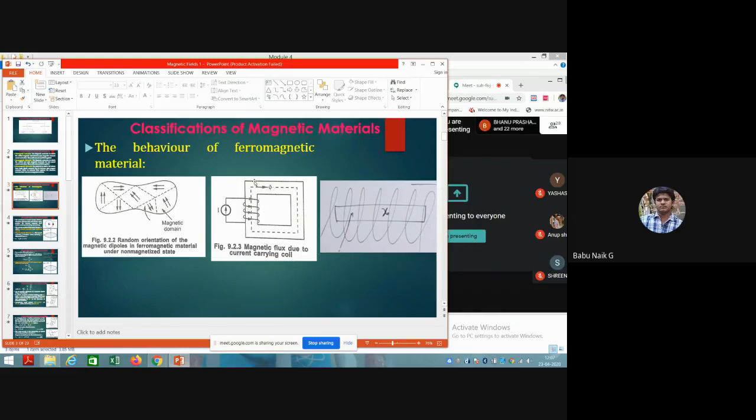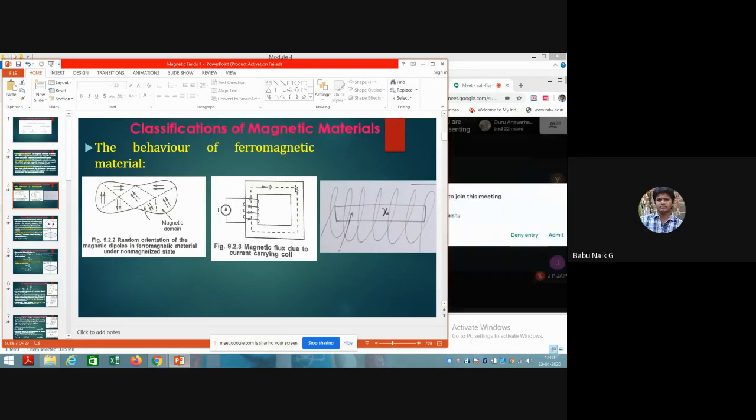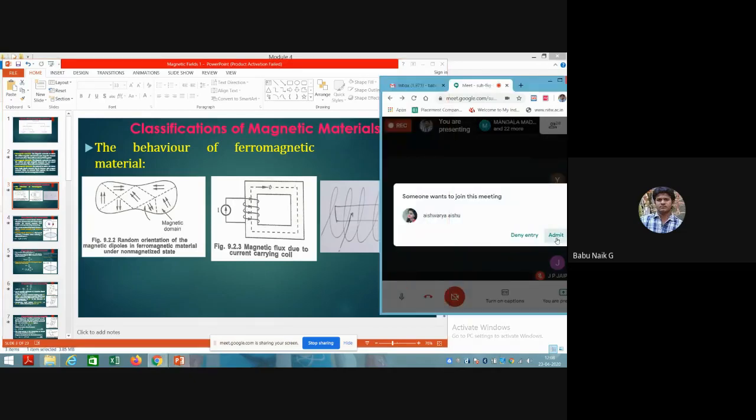You can see these are the coils wound completely on the ferromagnetic material, which is given that external source. So once the external source is given, all this dipole movement will come to one particular direction, which is how we can calculate the complete magnetic flux carrying the current here with some alignment of the direction.